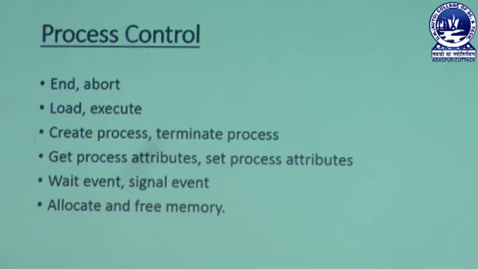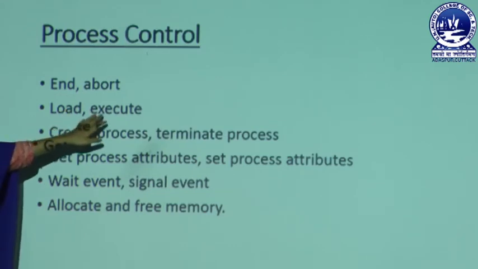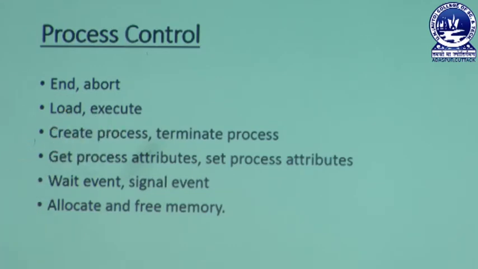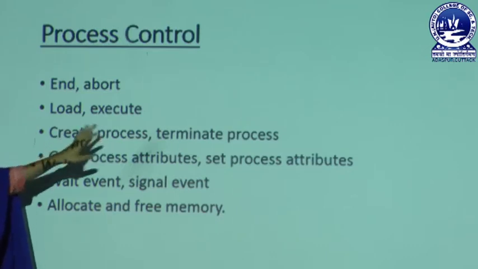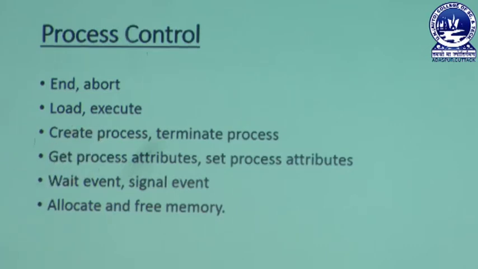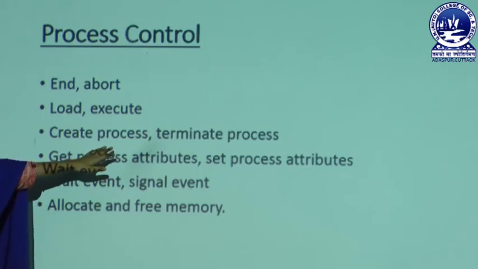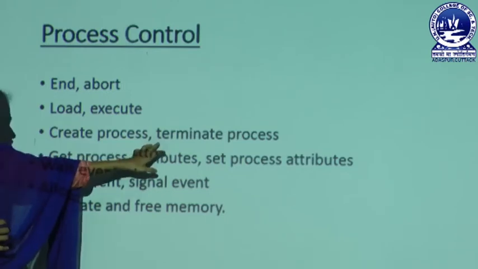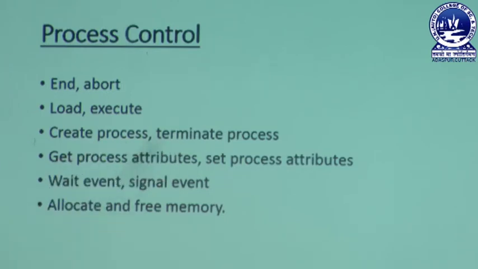So we can use load and execute system calls. Next is creating a process. Many types of processes are created, such as a parent process creating its child process. I will discuss the details later. To create a process, we use the create process system call, and we use the terminate process system call.